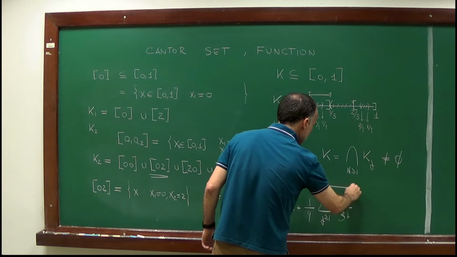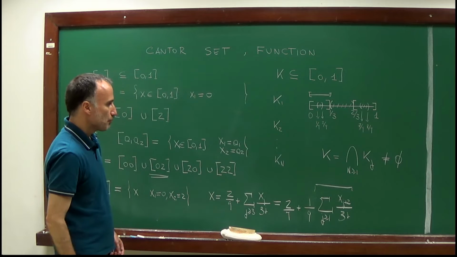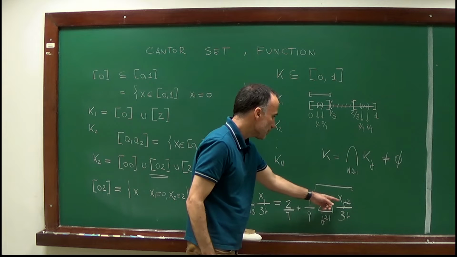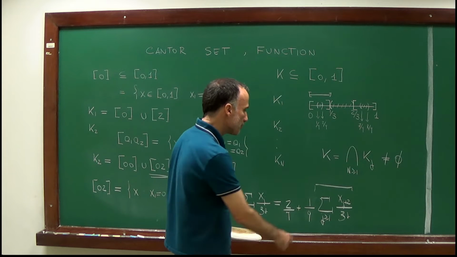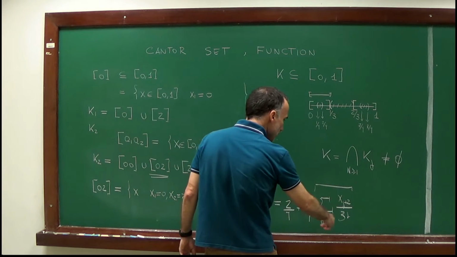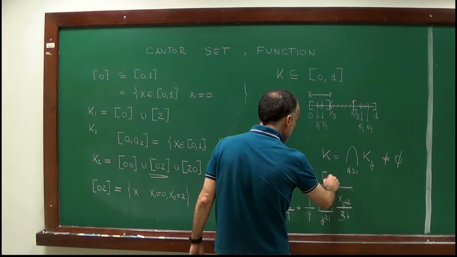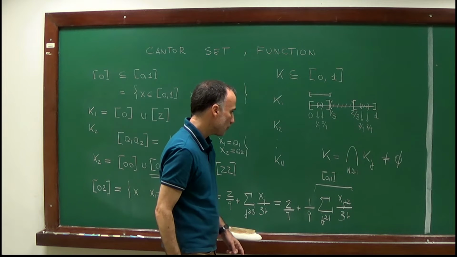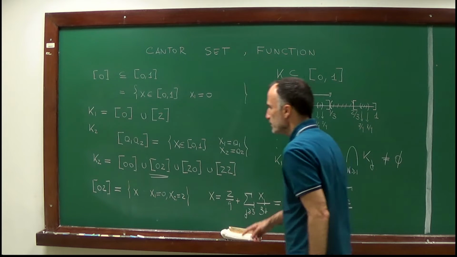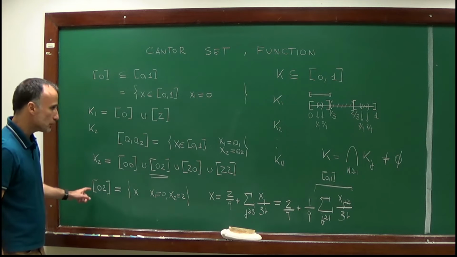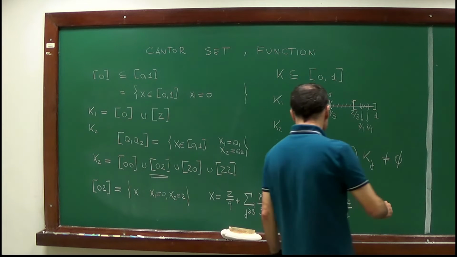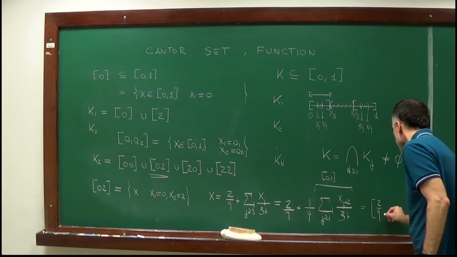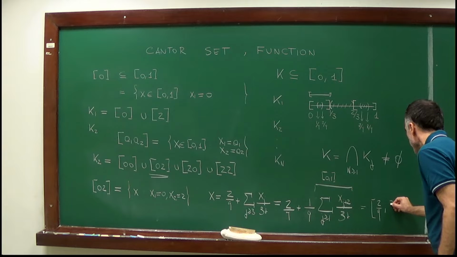So these sums, this series, you can generate by playing with the digits xj plus 2, any number in the interval [0, 1]. So this represents the interval [0, 1], which is divided by 9. So the set bracket 0, 2 corresponds to the interval from 2 divided by 9 to 3 divided by 9.